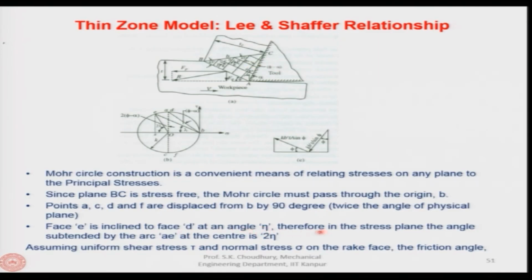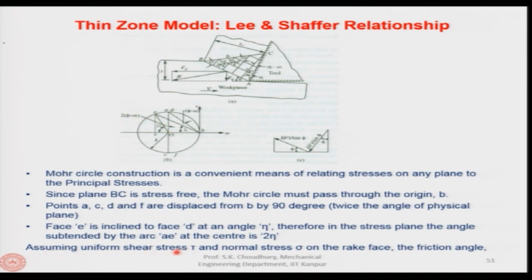So, in the stress plane, the angle subtended by the arc AE at the center will be 2 nu. This is with respect to the point B. So, with respect to the center, this angle is 2 nu, or 2 times phi minus alpha.